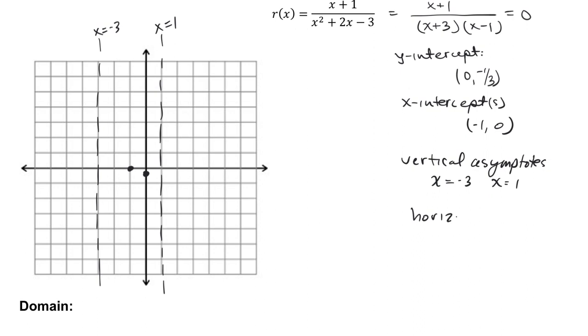And then the horizontal asymptote, we compare the degree of the numerator, which is degree 1, to the degree of the denominator, which is degree 2. And when the numerator has a lower degree than the denominator, the horizontal asymptote is always y equals 0.